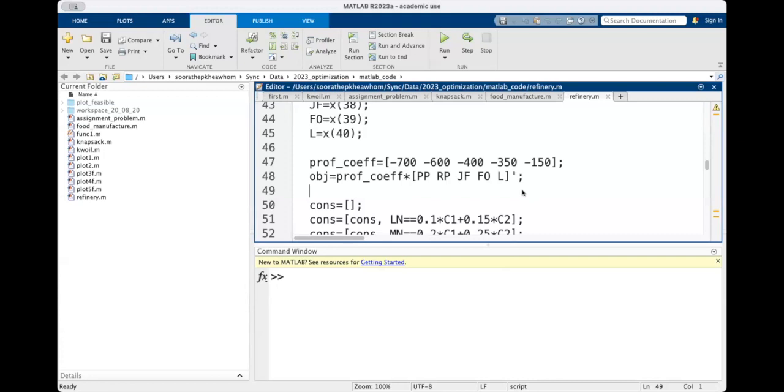So the objective function is PP times 700, 600 RP and 400 JF, 250 FO and 150 L. If you declare the same dimension, you have to use sum of dot star, right?